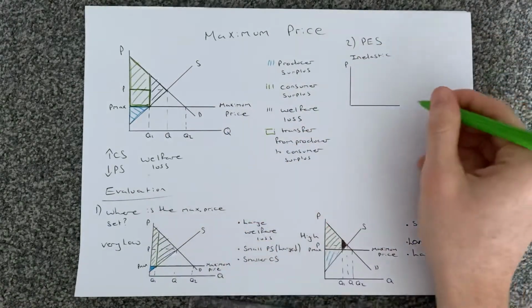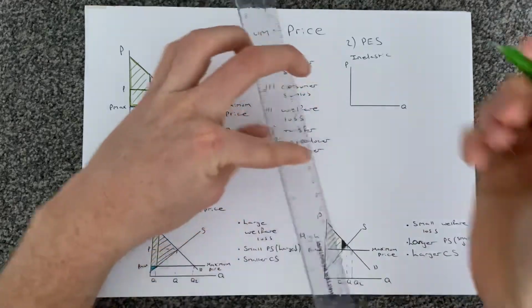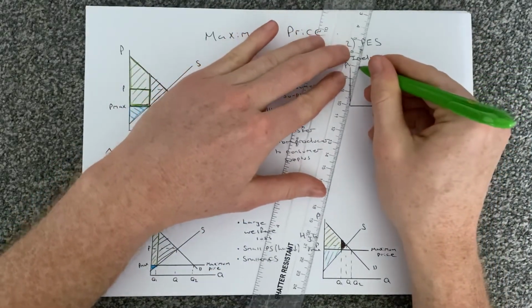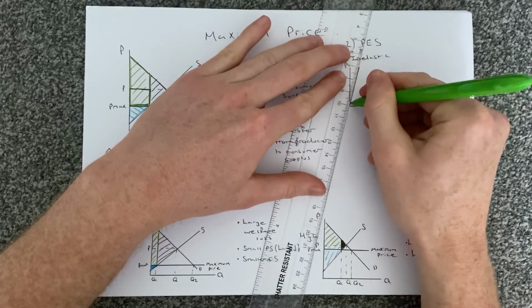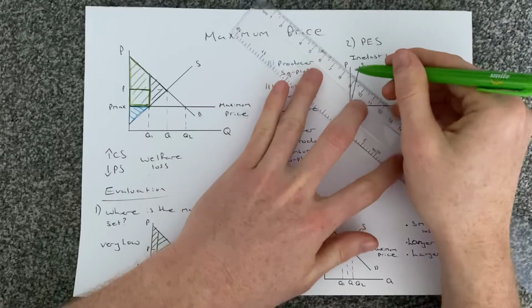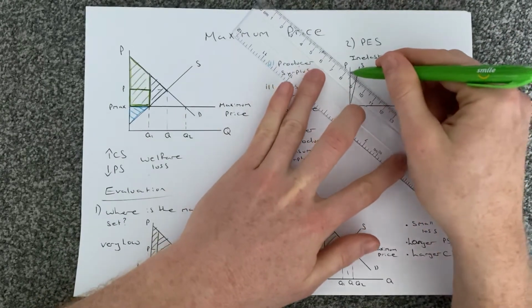P, Q. And now we're going to make sure our supply curve is nice and steep to really emphasize the point that we're trying to make. And then we'll just draw a normal downward sloping demand curve.